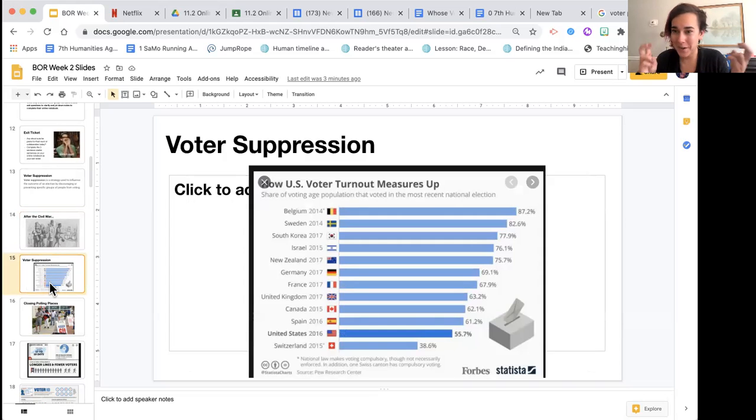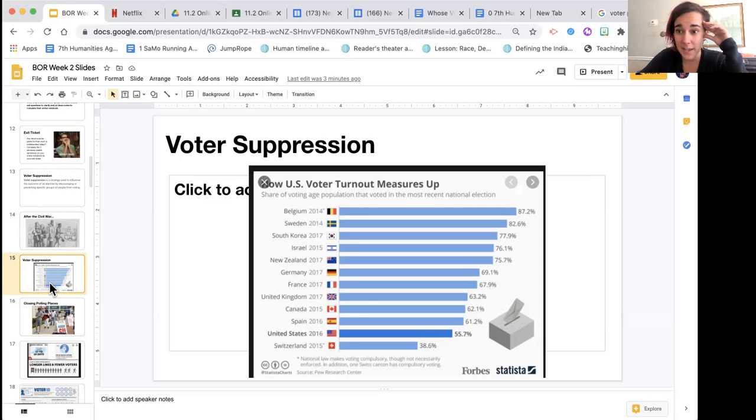When we're thinking about what's going on right now, guys, this is sort of like what is voter suppression, what's going on in your online notebook. So you can pause me if you need to go add to your online notebook. The US has much lower voter participation, many fewer of the people in the US who can vote do vote in an average election when you compare the United States to many other countries in Europe and around the world.